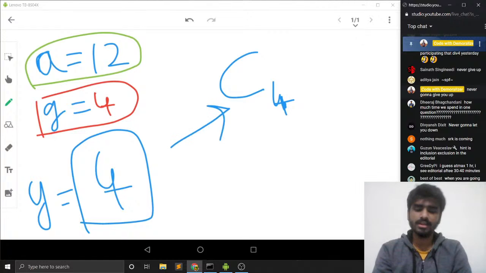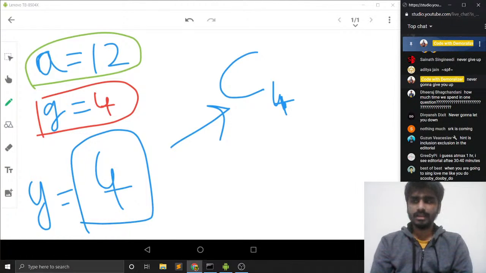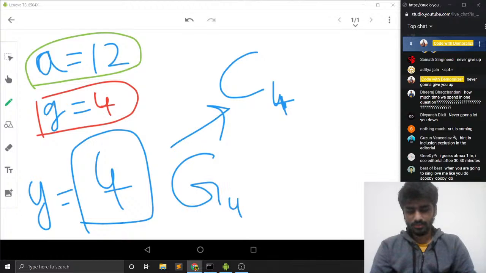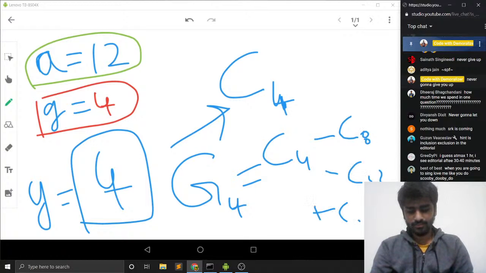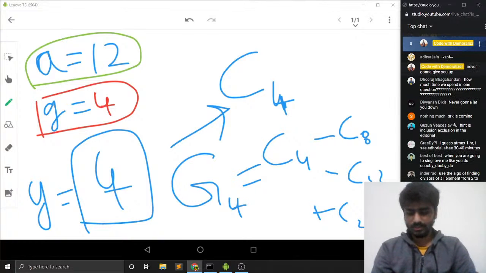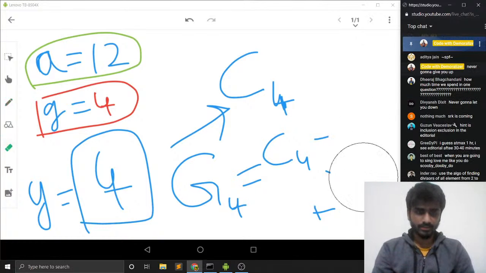So C4 is the number of subsequences in which all the elements are a multiple of 4. Then let's call G4 the number of subsequences whose GCD is equal to 4. So G4 is C4 minus C8 minus C12 plus C24 and so on. Just like how normal inclusion exclusion works.